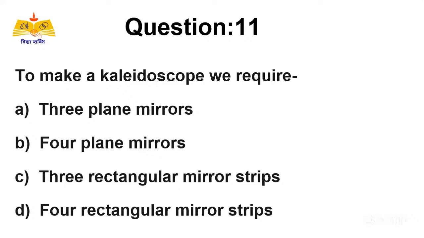To make a kaleidoscope, we require A. 3 plane mirrors, B. 4 plane mirrors, C. 3 rectangular mirror strips, D. 4 rectangular mirror strips. All right. Done. Can we go to the next?